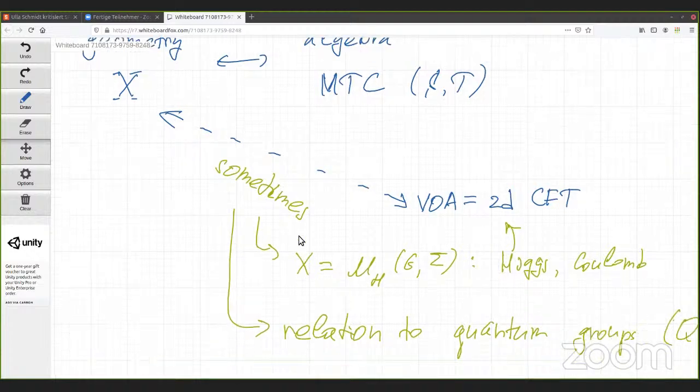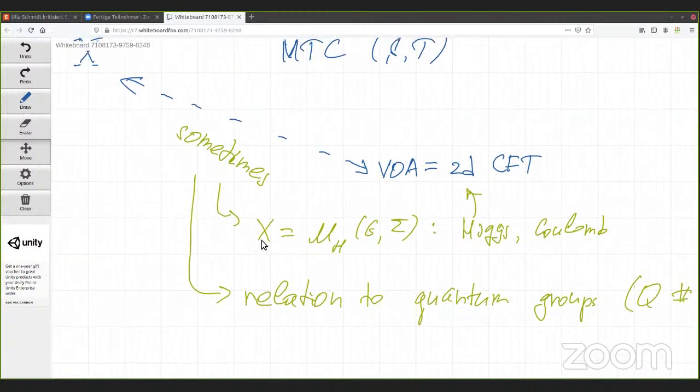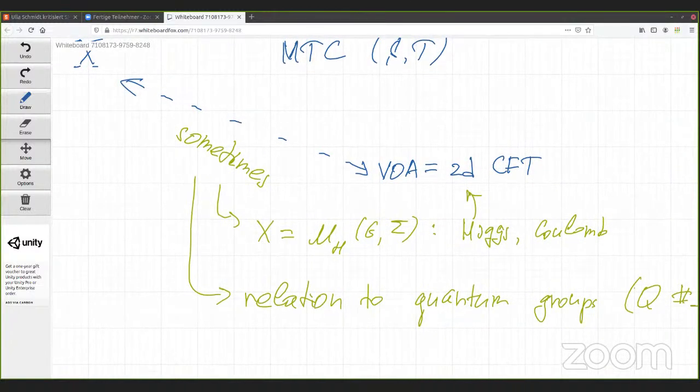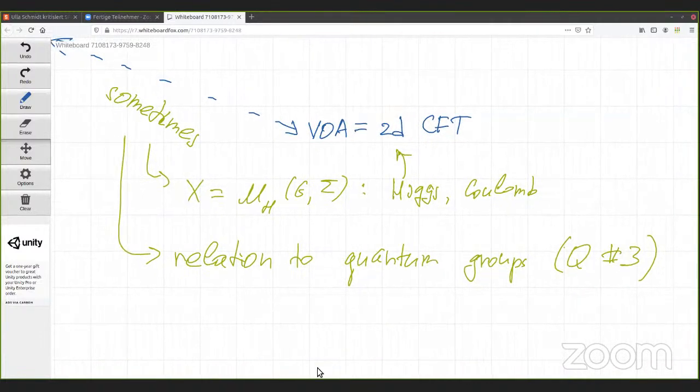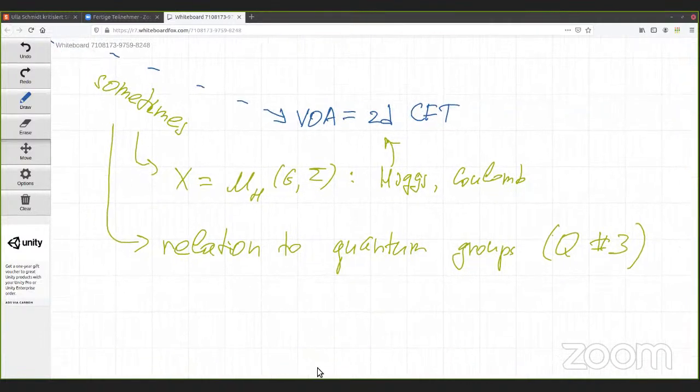So your question number 3. And here, for instance, I'll say a few words about this in a second. We'll have some U_q of G and its various cousins.